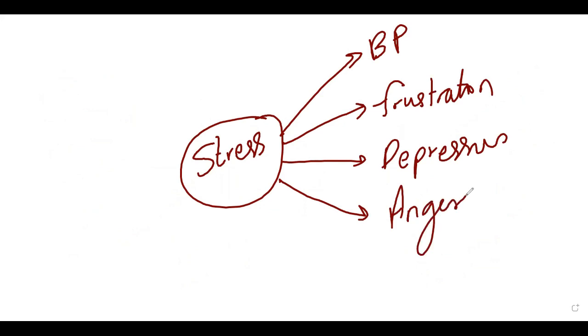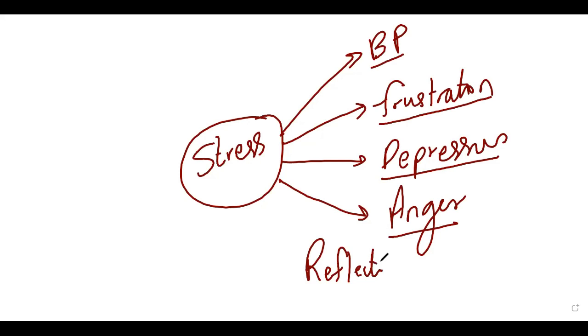So in this case, BP, frustration, depression, anger, all these items are representing the stress. So this is known as a reflective construct.